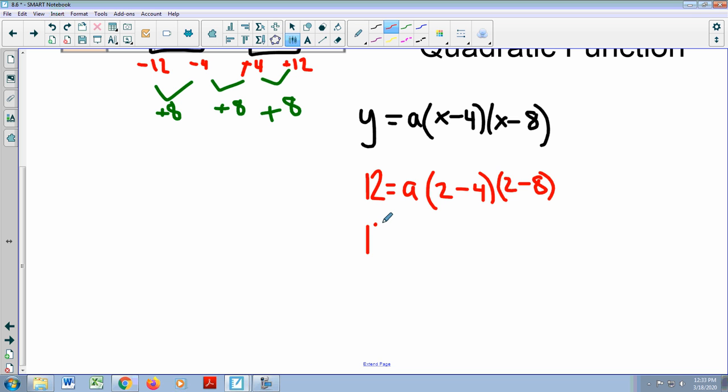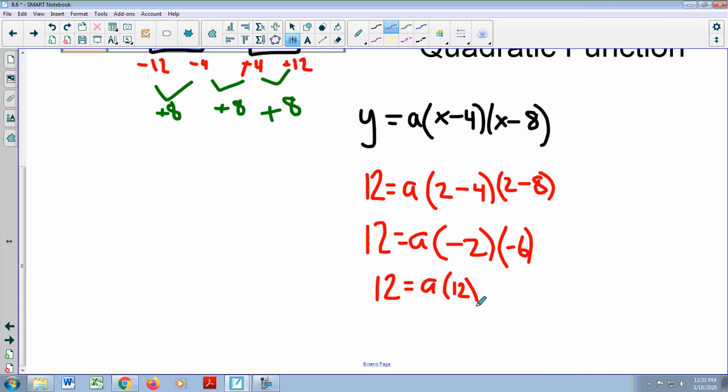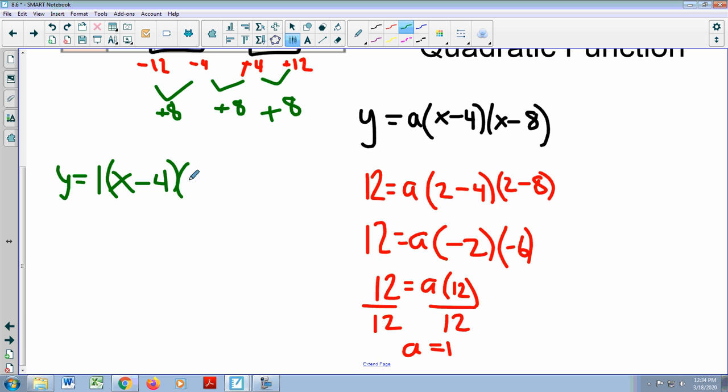So when I do that, I get negative 2, negative 6. So 12 equals a times 12. Divide by 12. Divide by 12. A equals 1. So my final answer here is going to simply be y equals, I could put a 1 there, x minus 4, and then x minus 8.